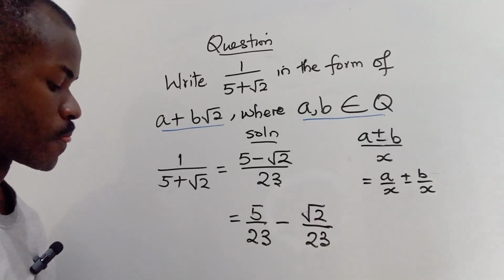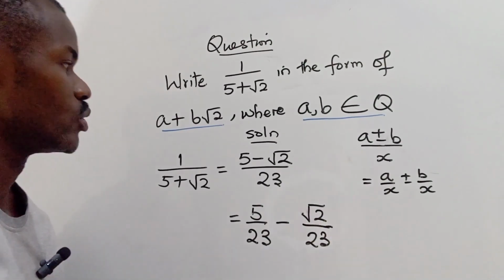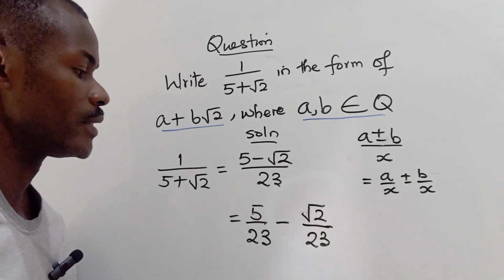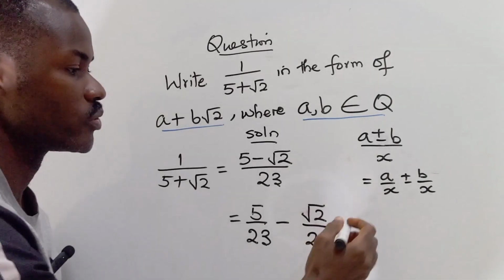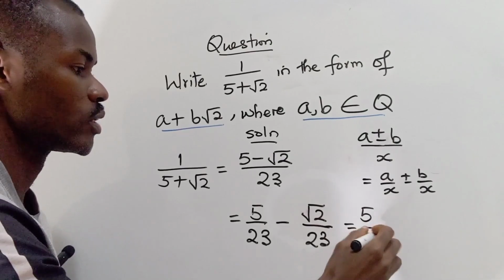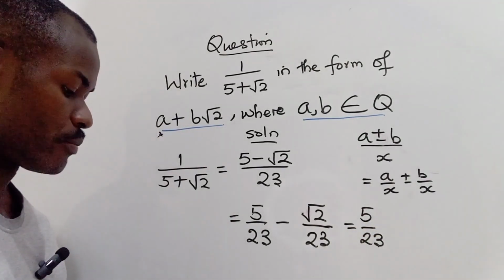All right. Now with this, we are still yet to write it very well in this form. So I'm simply going to say 5 over 23 stands for our a. What about our b?